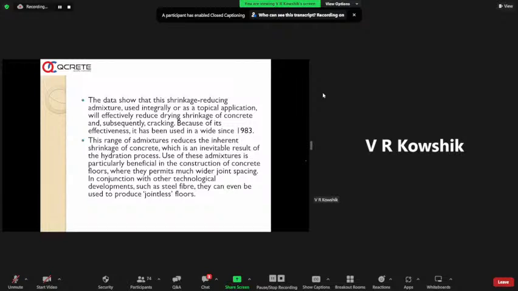One of the big applications of this is to produce jointless floors, big floors, where you can use this admixture, generally used at about 1 to 1.25% by weight of cement or cementitious content, where you have the probability of reducing the cracks to a great extent.